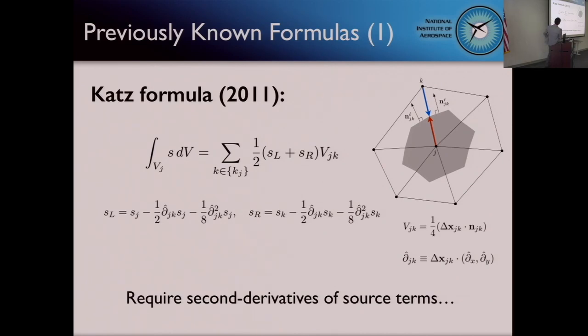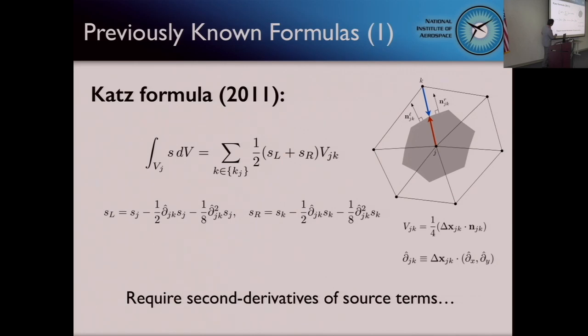Aaron Katz in 2011 derived this formula. This is a sum over each edge around node J. And he defines two values, SL and SR. It's an interesting formula. It's not a simple Taylor expansion. It has a -1/2 and -1/8.